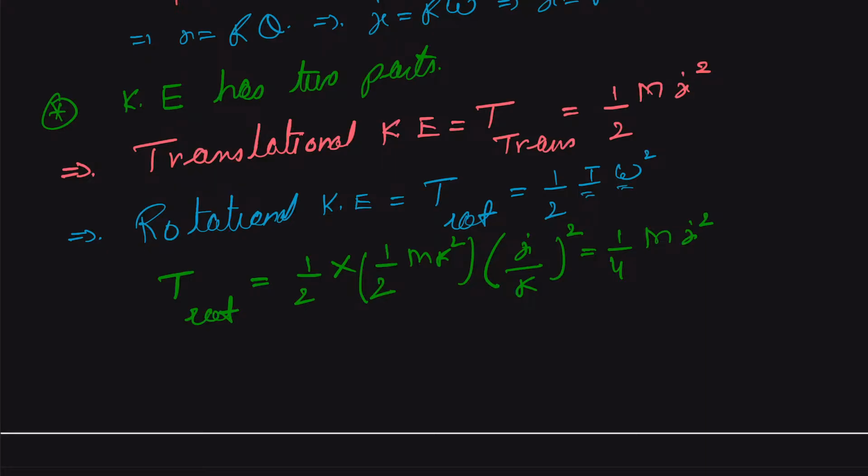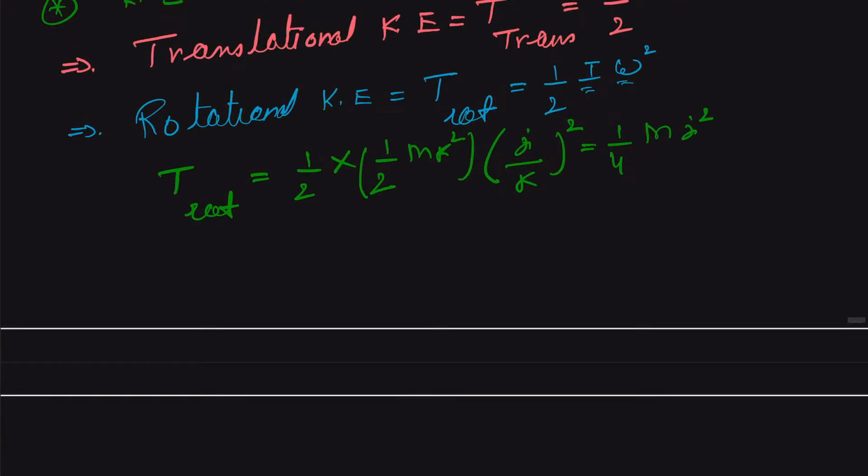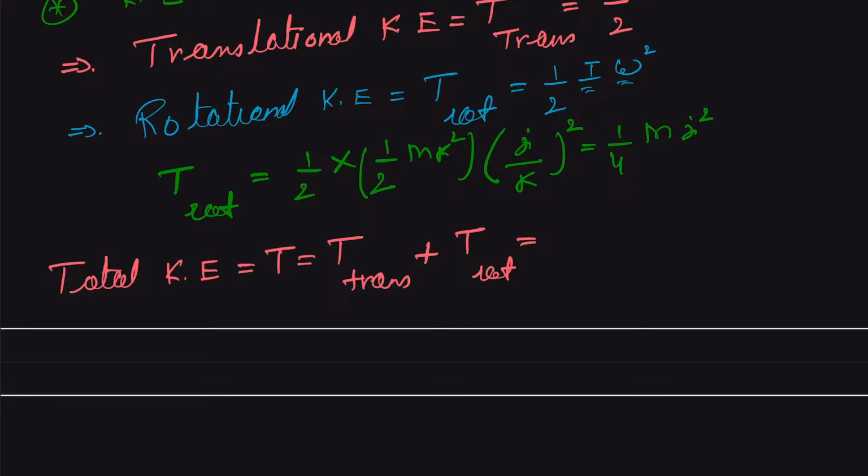Therefore our total kinetic energy T will be equal to T translational plus T rotational, which is half m velocity square plus 1 by 4 m velocity square.